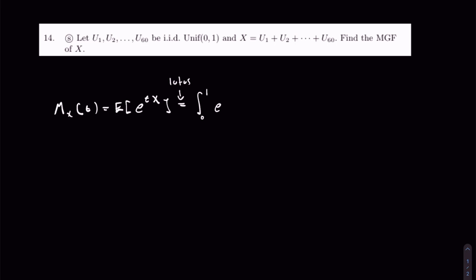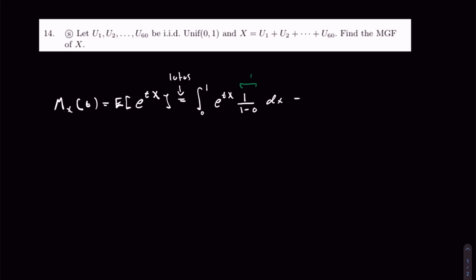And by LOTUS, we can then take e to the tx, and then multiply by the PDF of the uniform, which is 1 over 1 minus 0 by definition. And then we take dx here. Now this is obviously just 1, so that simplifies a little bit.